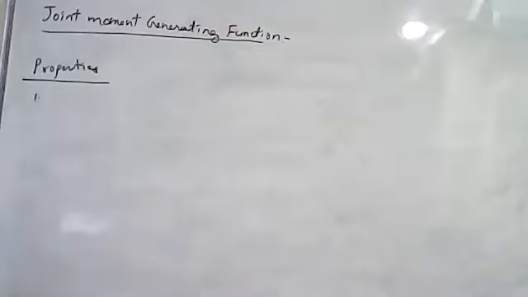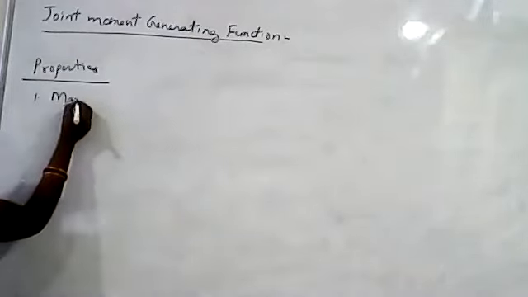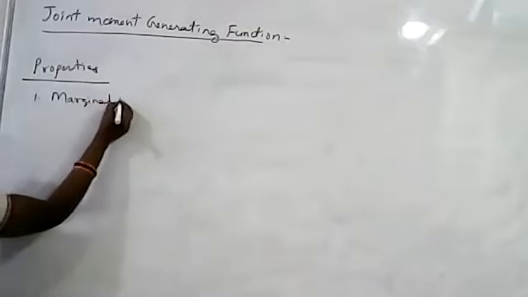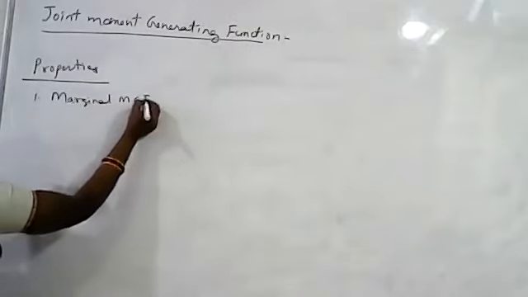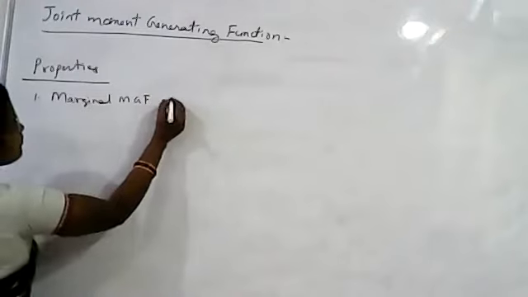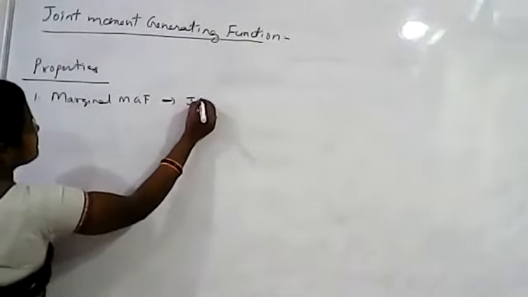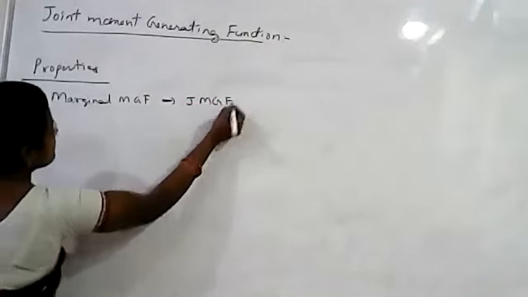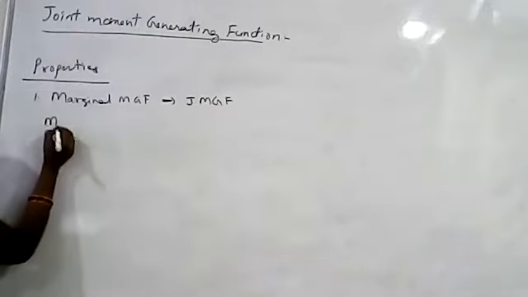The first property of the joint moment generating function is that marginal moment generating functions can be obtained from joint moment generating functions. What are the marginal moment generating functions?